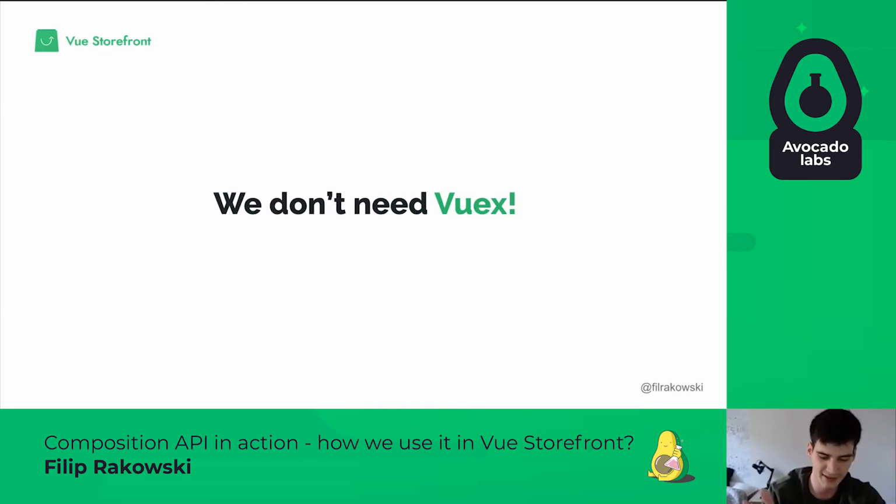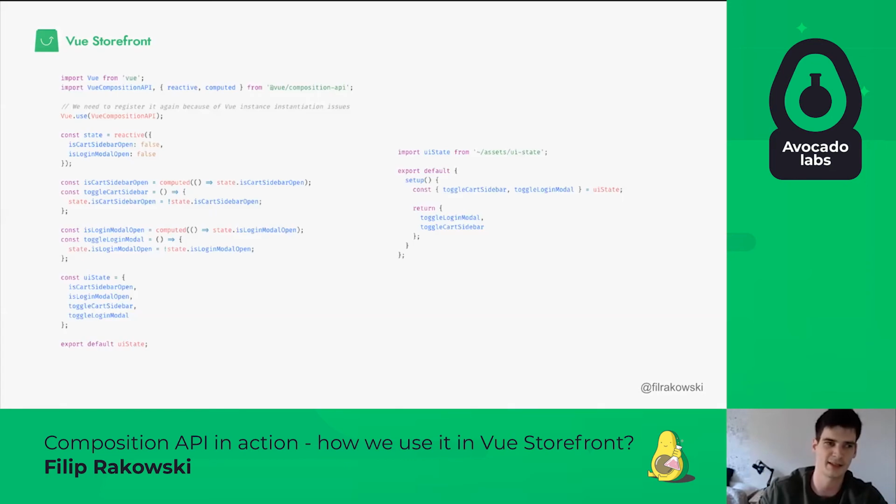And we basically don't need Vuex when we're using Composition API, because we can simply write our own, just in a few lines of code. So on the left-hand side, we have our implementation of Vuex-like state management. So we have a state, we have getters, we have also mutations, and then we are returning this UI state object.